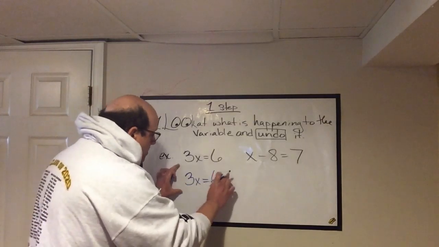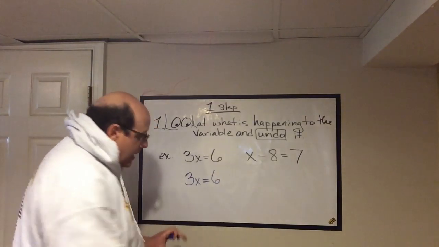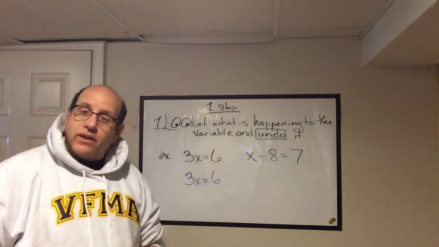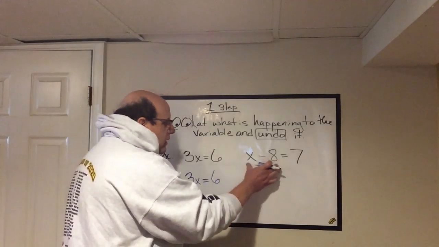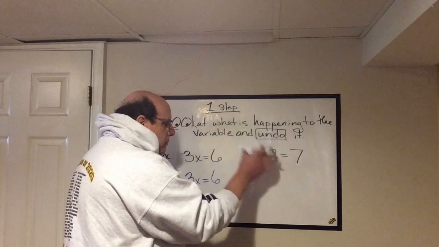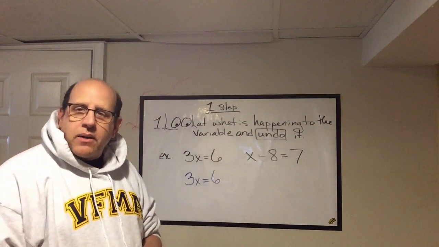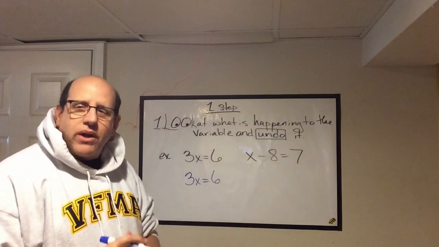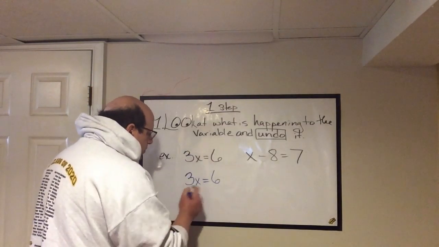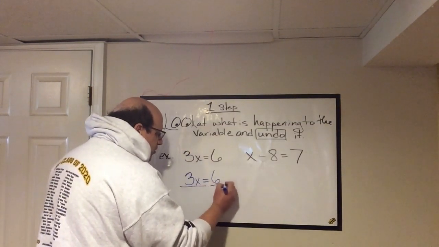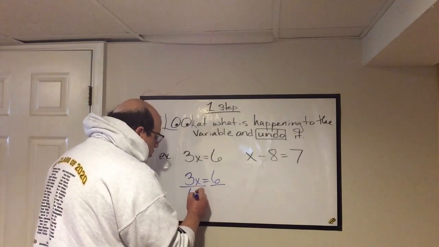I like to show the math in the next step, and then I'll have my final solution in the last step. Now, I don't necessarily have to rewrite this one, but I will, just because I am an annoying teacher.